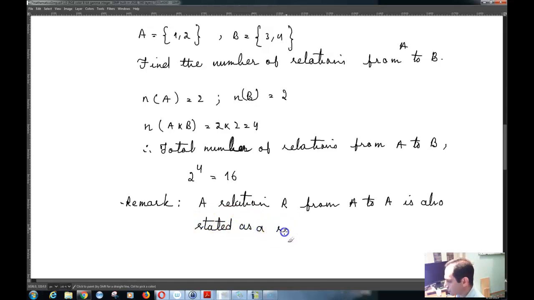This is the kind of language that they use in this kind of situation. Okay.